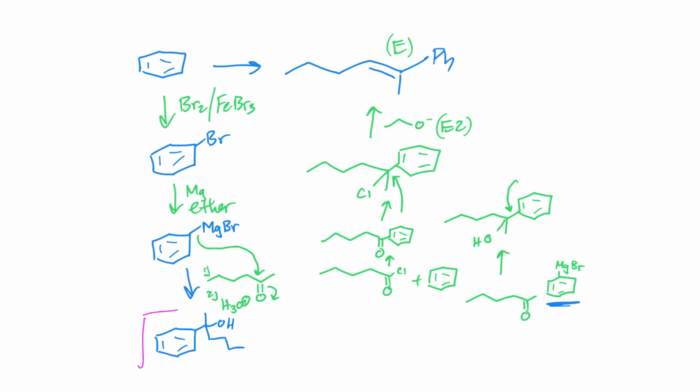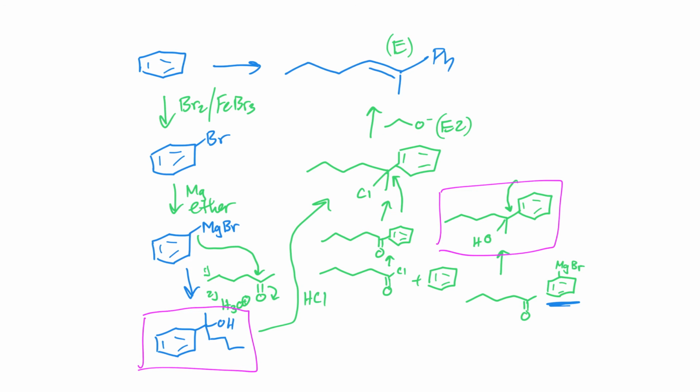So this molecule here is the same as this molecule here, and now I can get to the chloride version simply by adding maybe some HCl. So I've installed the good leaving group here. I changed the tertiary alcohol to a tertiary chloride. Then via an E2 elimination, I can make the E version of the alkene.